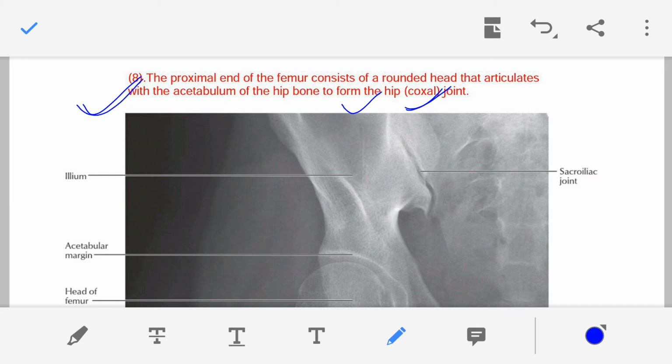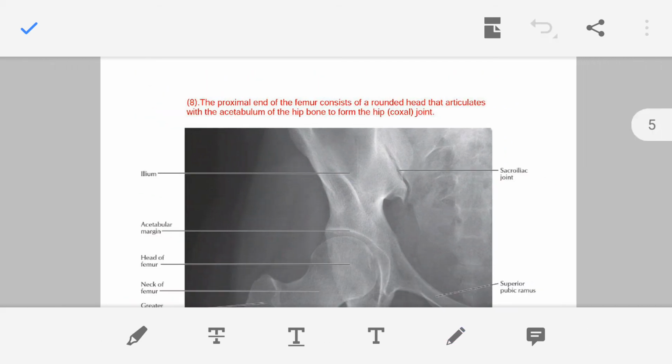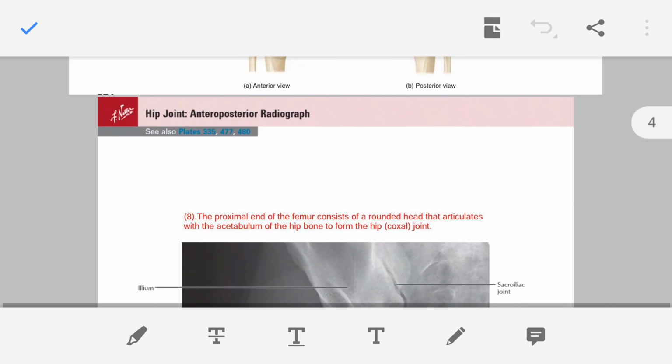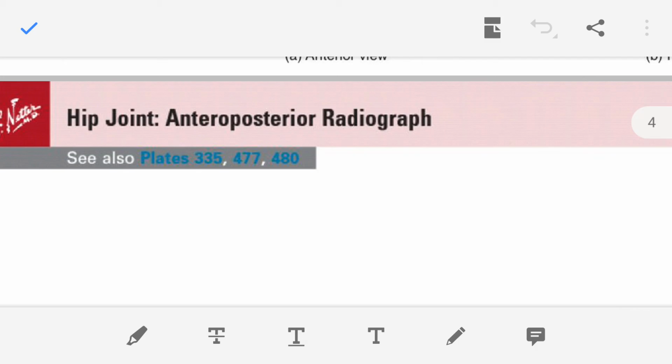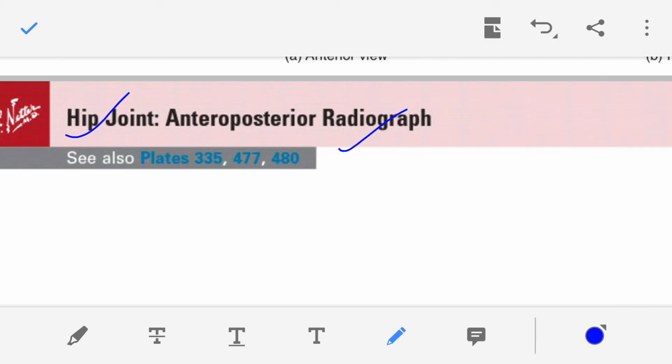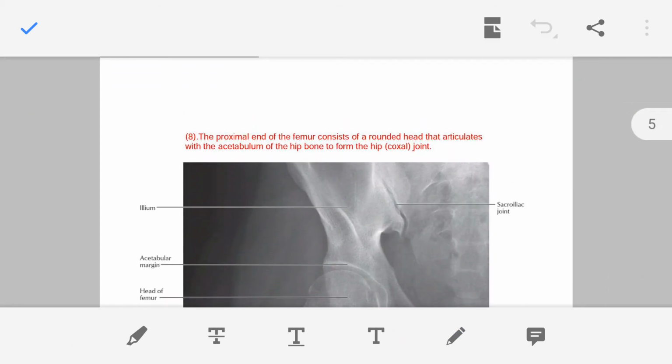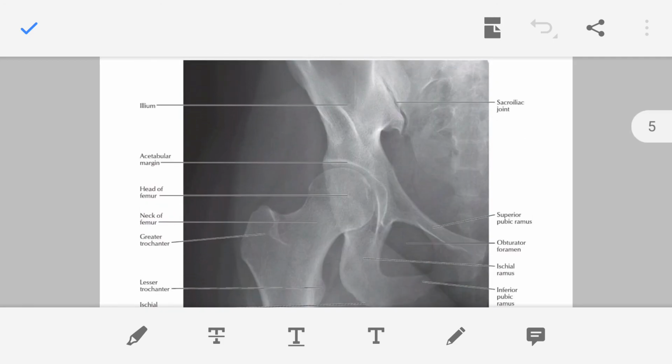This is the eighth point. And this figure is actually the radiograph, or X-ray, of the hip joint.